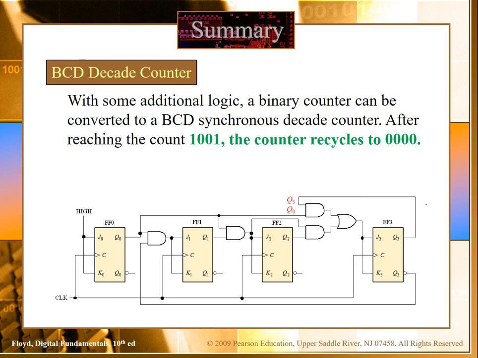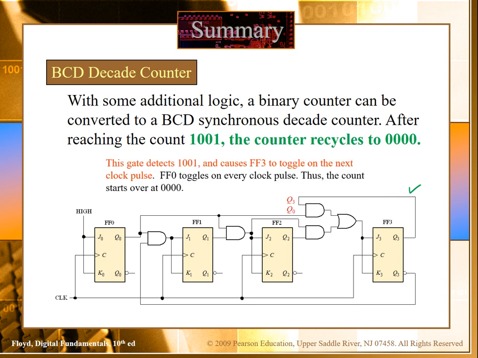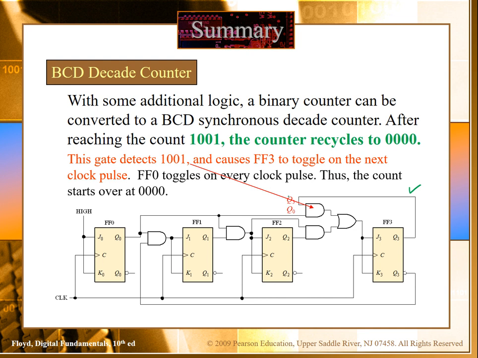If we clearly draw this, it will look like this. This is the BCD decade counter, synchronized. All clock signals are synchronized, and this is the logic which we have derived. This logic is identifying the count, so that as soon as 1001 is reached, it should reset.